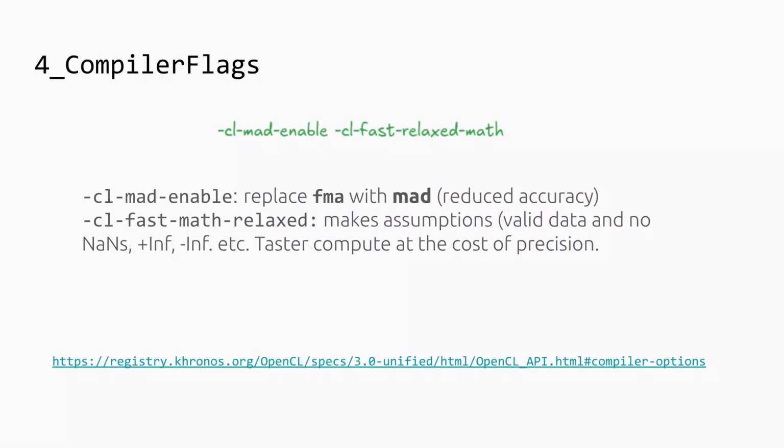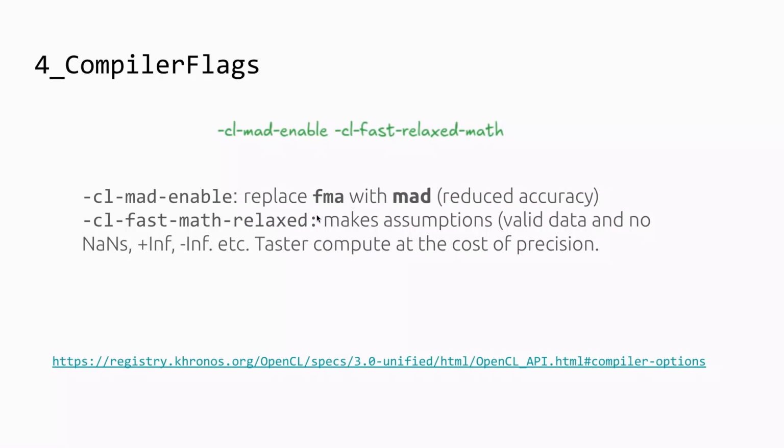CL math enable replaces the FMA instruction with a math instruction. It's the same operation with reduced accuracy. The other flag, the fast relaxed math, makes assumptions of valid data, for example, no NaN numbers, or not plus infinite or minus infinite, etc. It can lead you to faster compute at the cost of precision. There's a typo here. It should be faster, not taster.